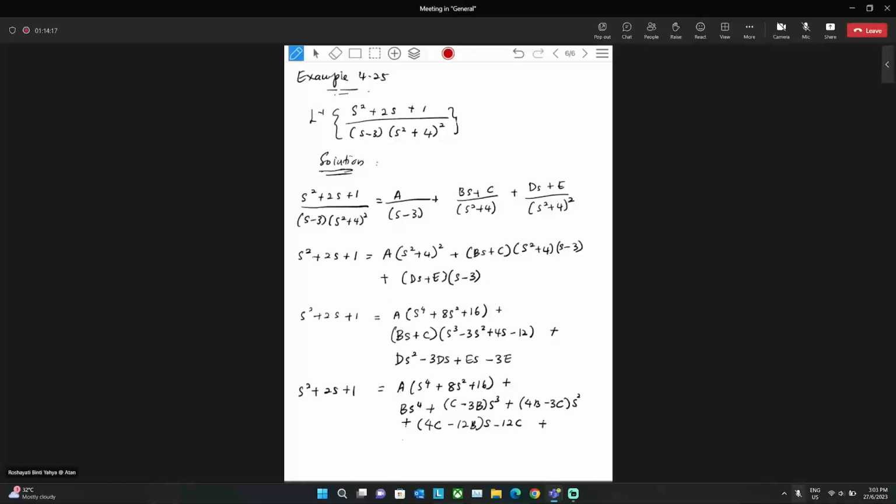Then plus DS squared plus E minus 3DS minus 3E.